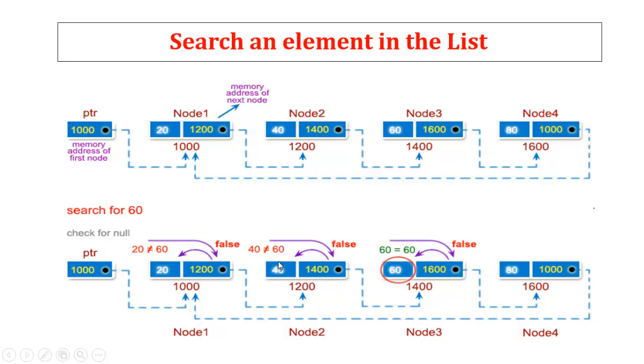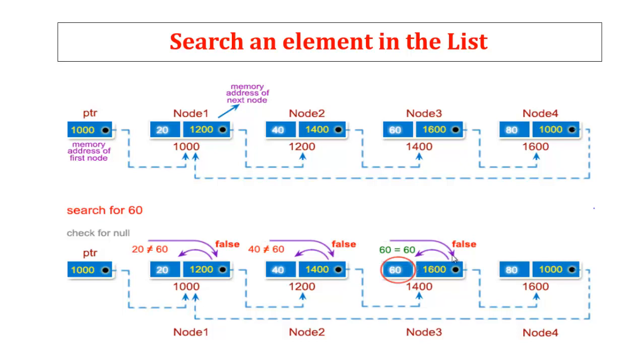The temporary pointer now points to the data value 60. 60 equal to 60. Condition true. Condition true means it will display that your search element 60 is present at the third location or third node, printing this information to the user.